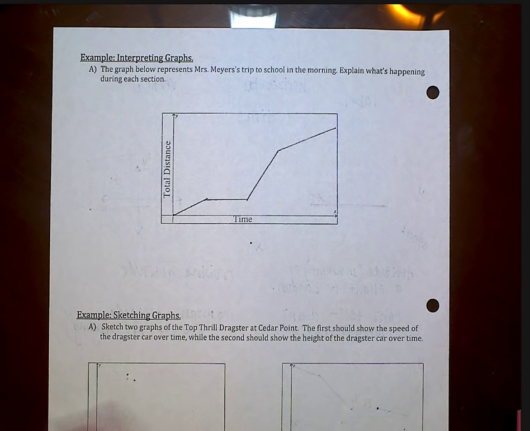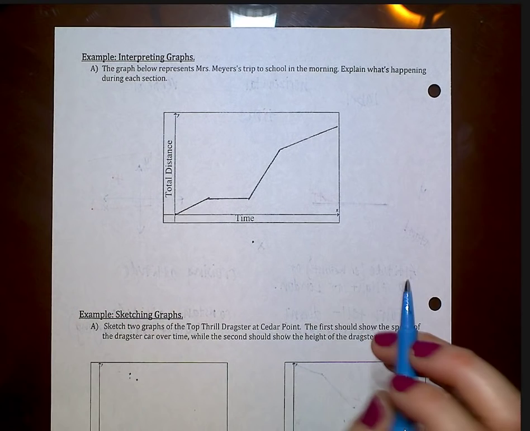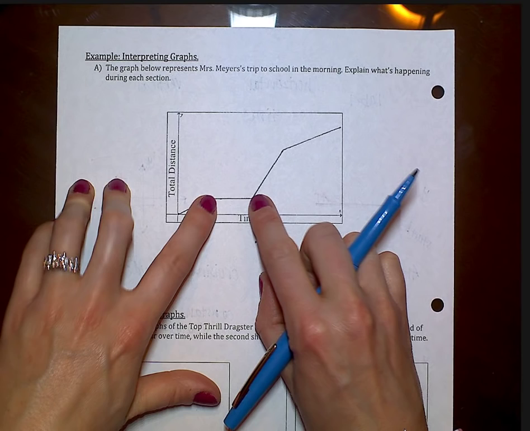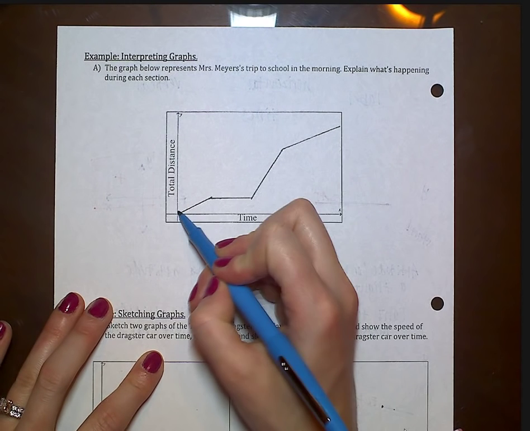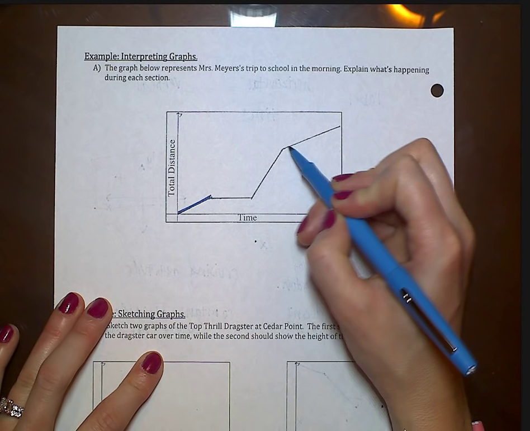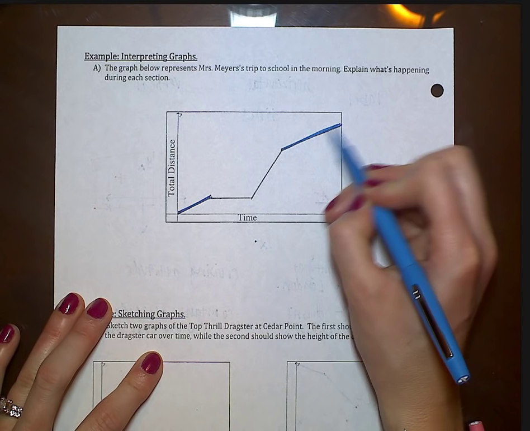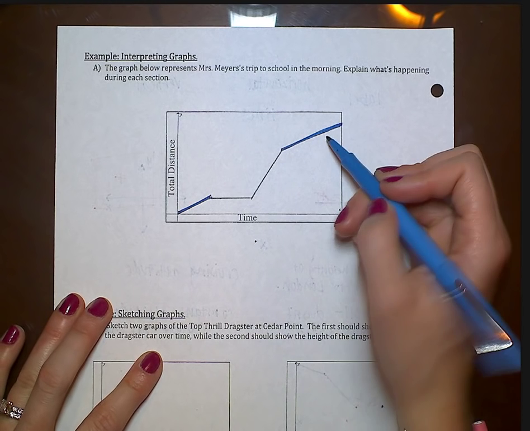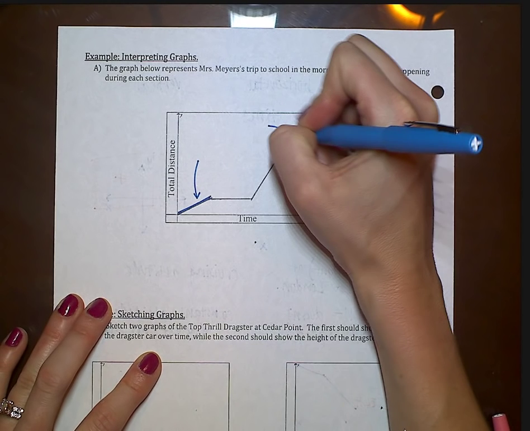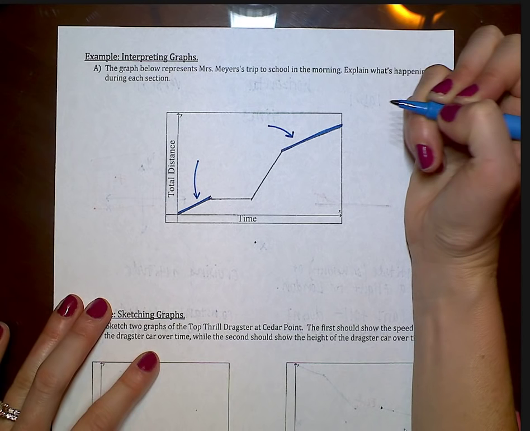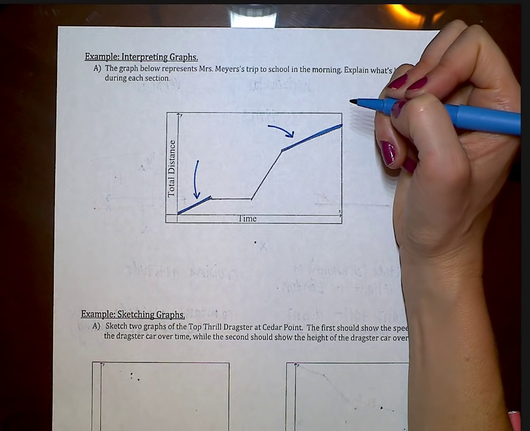If I step back and look at this, I've got 1, 2, 3, 4 different parts I need to describe. And we saw this on the last example, when the person was just walking, these two parts look the same. So if you have that, you can double dose this here and do both at the same time.